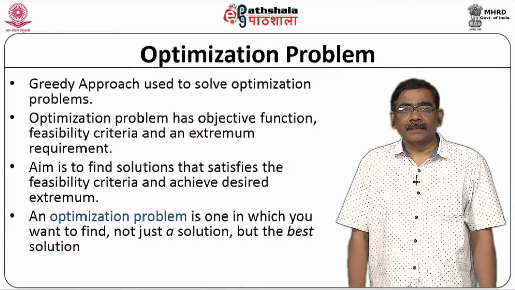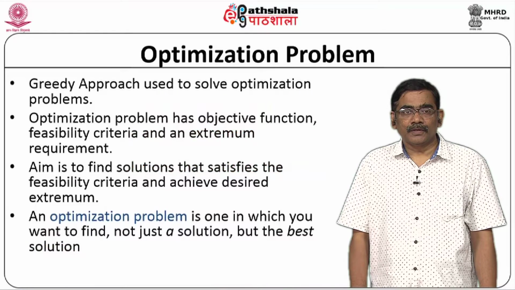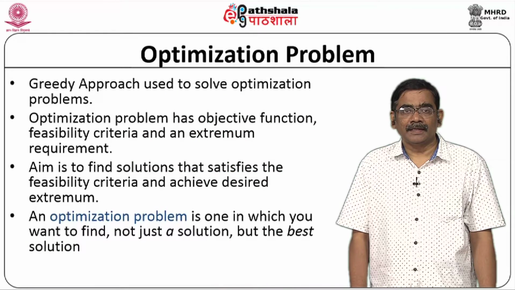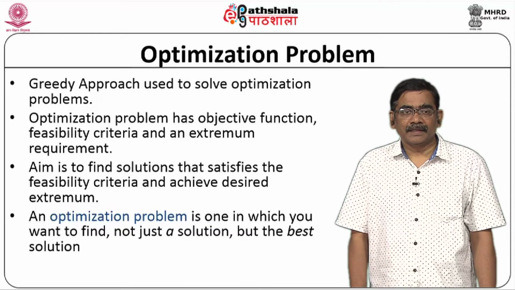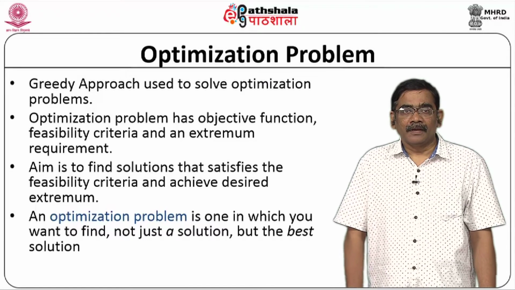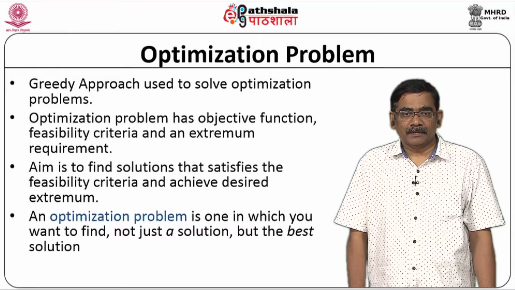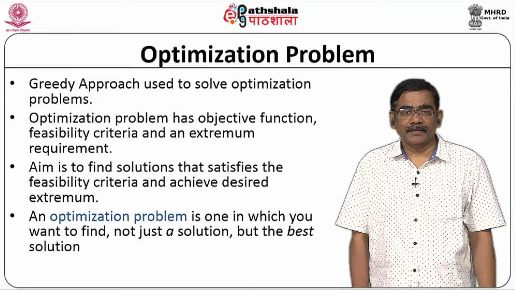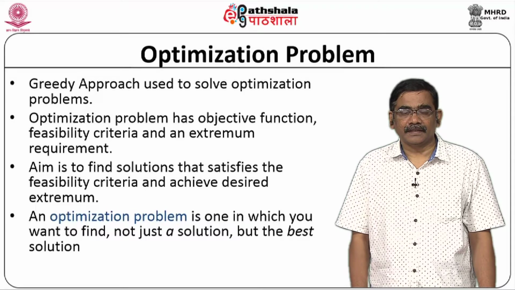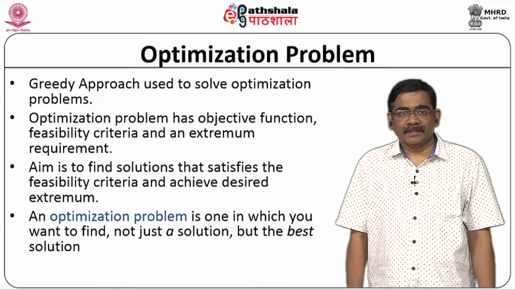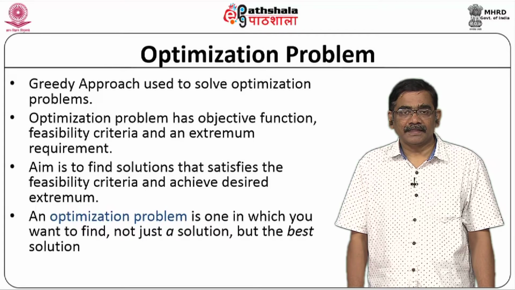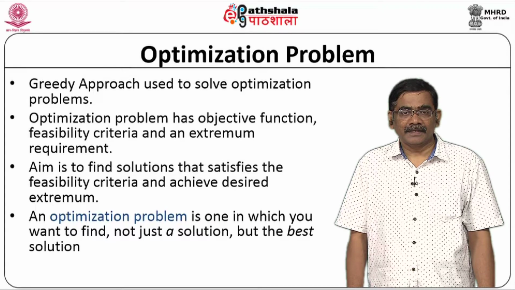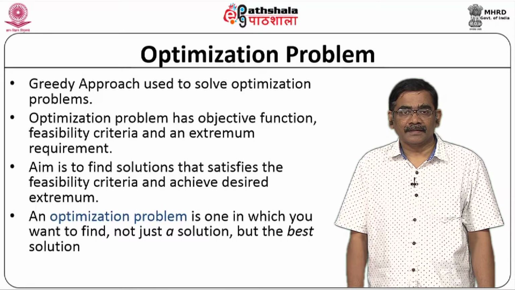So, greedy algorithms are used to solve optimization problems. What is an optimization problem? An optimization problem is a problem that will have a certain objective function. The objective function is normally about the maximization or minimization of a certain criteria.